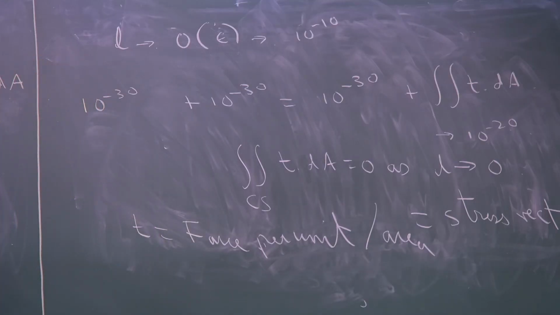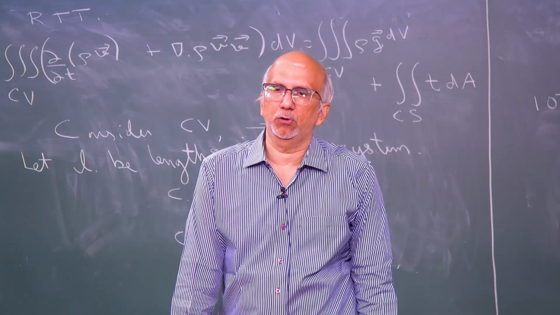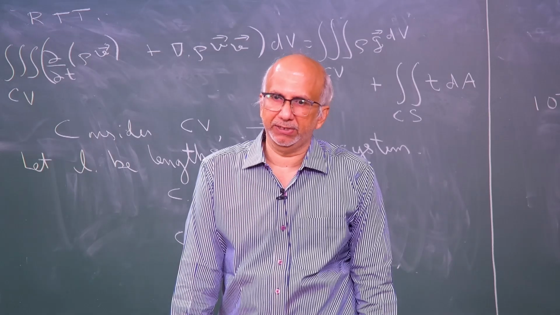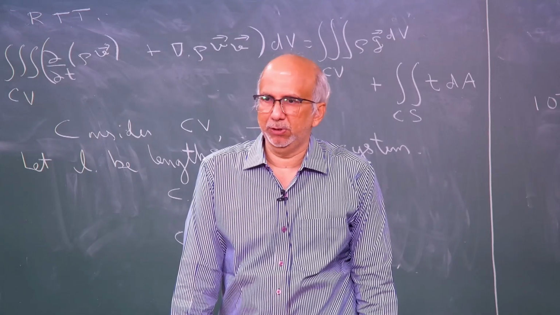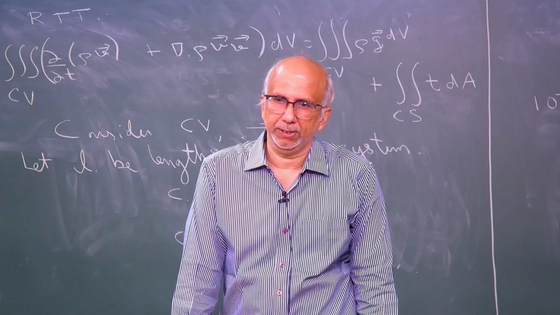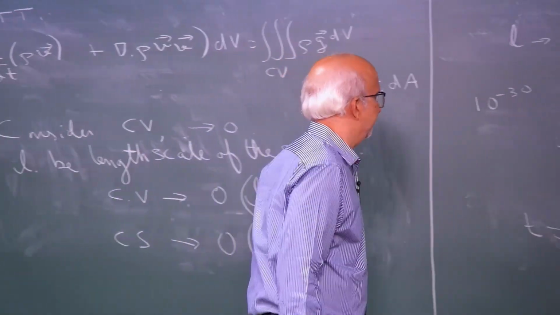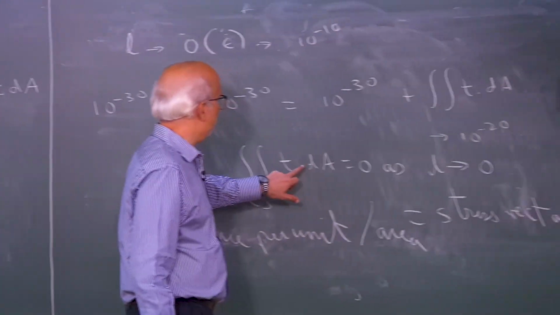Force per unit area is stress. I am explicitly calling it a vector, because tomorrow you will see that there is something called the stress tensor. So, this is force per unit area, and that is my stress tensor. There is no dot or anything here.